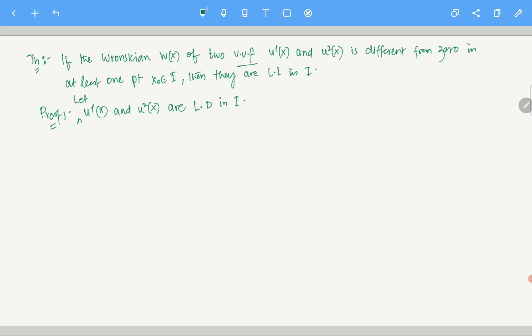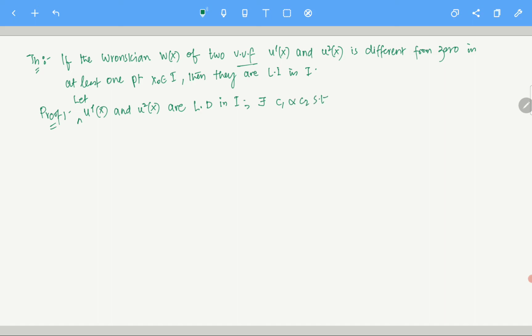For a contradiction, let us first assume that they are linearly dependent and see what happens.